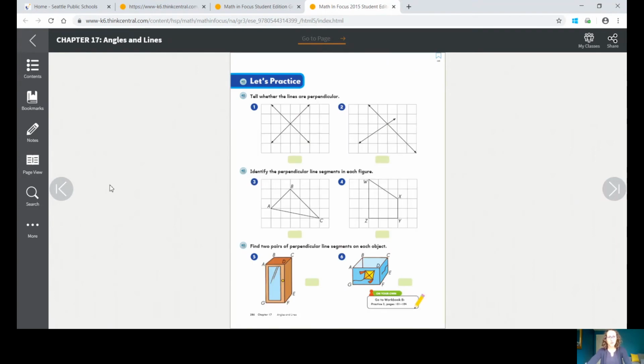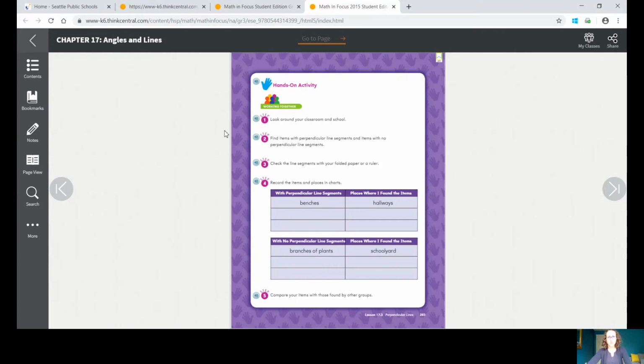Okay, well, I went right past that, but you can actually do this one around your house. Look around your house. Find items with perpendicular line segments and with no perpendicular line segments. Check the segments with folded paper or a ruler. At the very least, you will have folded paper from your desk when I cleaned it out for you.